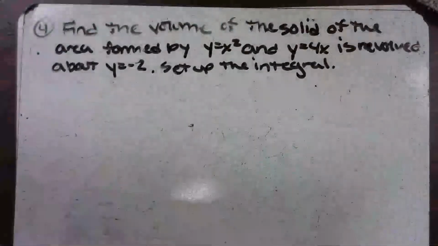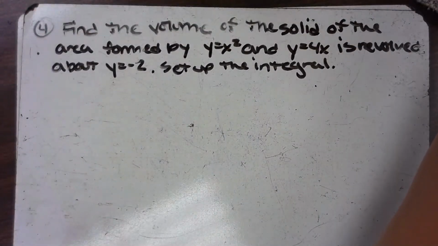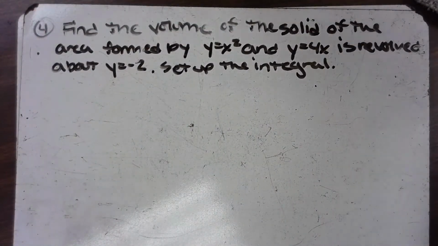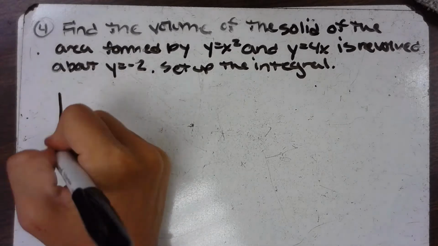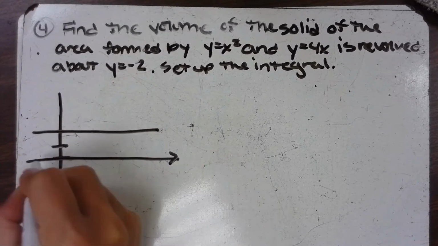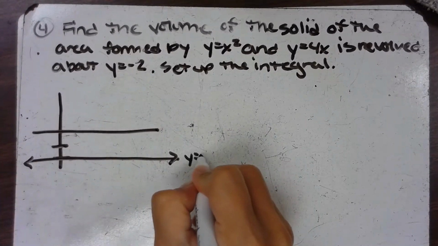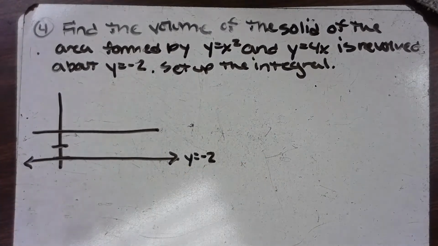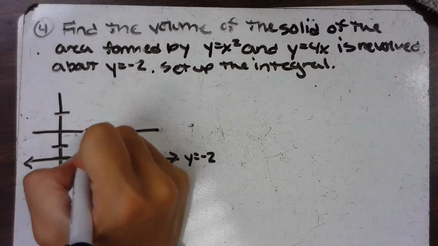All right, number 4. We want to find the volume of the solid of the area formed by y equals x squared and y equals 4x as it's revolved around y equals -2. Okay, so -2 would be right here. So we're revolving it around this. All right, y equals x squared.